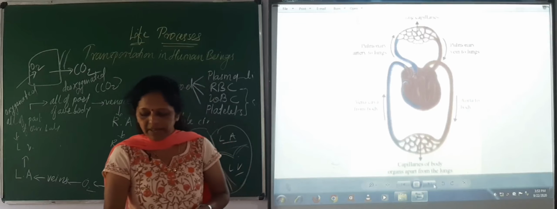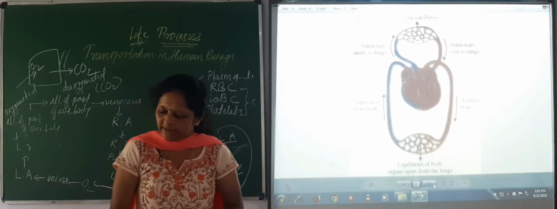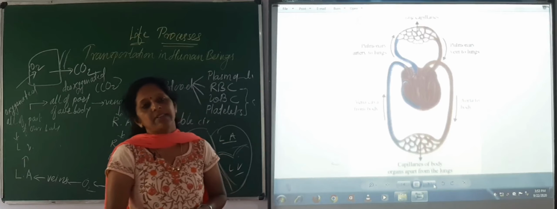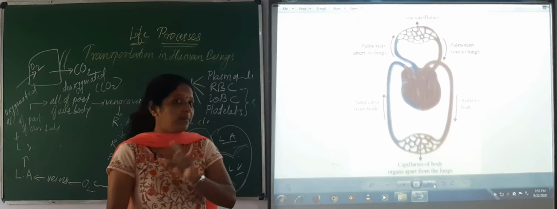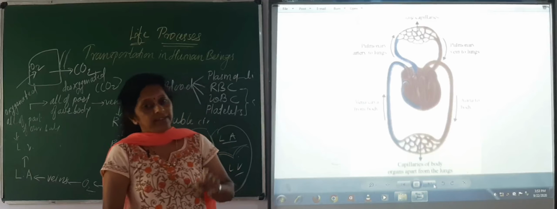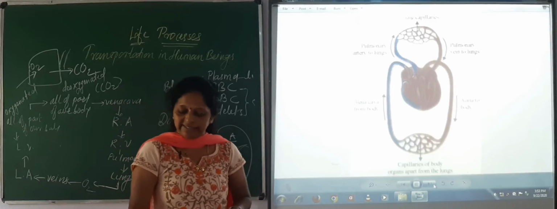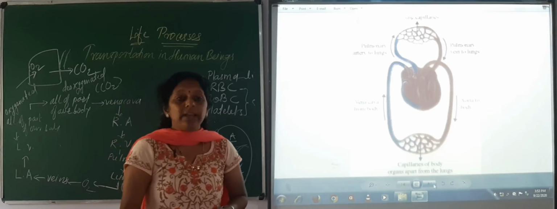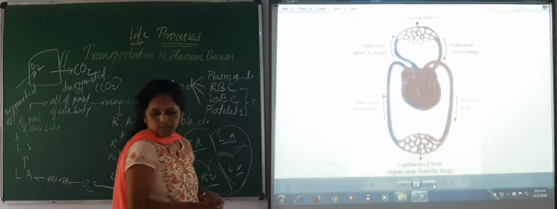Through the pores present in the wall of the capillaries, some amount of plasma, proteins and blood cells escape into the intercellular spaces. As I told, red blood cells are absent, but some amount of proteins, cells and plasma come into the intercellular spaces.